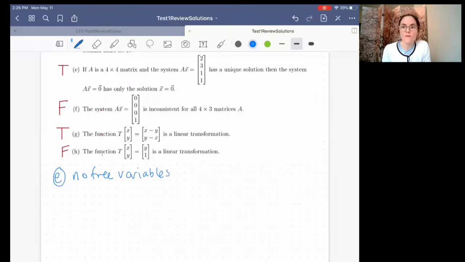If you have no free variables, well, then the rank is the number of columns. It's a 4 by 4 matrix, and then in particular, just this part, having no free variables, Ax equals 0 will have only the solution x equals 0. Okay, this is true.